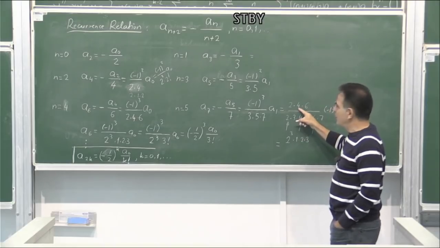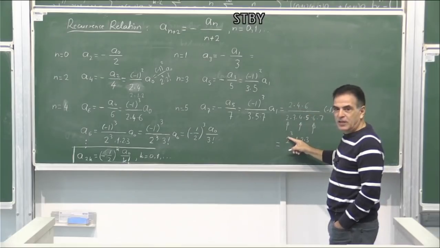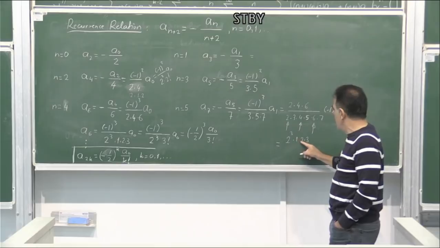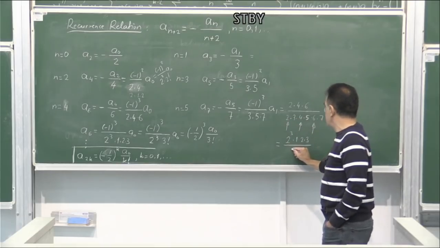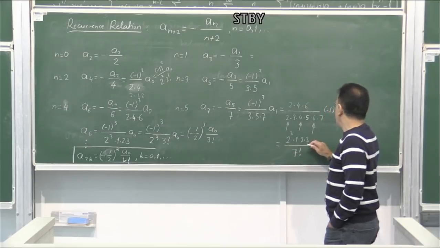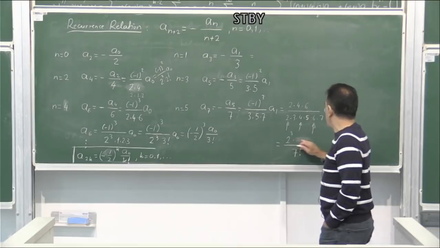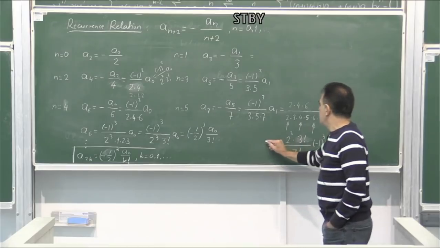Each factor contains a factor 2. So totally we have 3 factors, 2 to power cube, 1 times 2 times 3, and the denominator is 7 factorial now. Okay? And this is 3 factorial, minus 1 cube a1. This is a7.